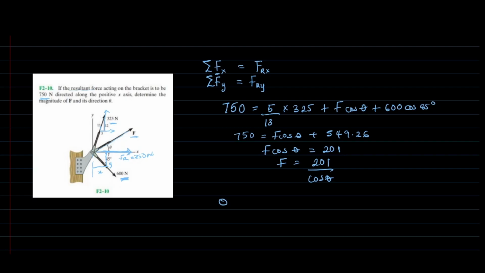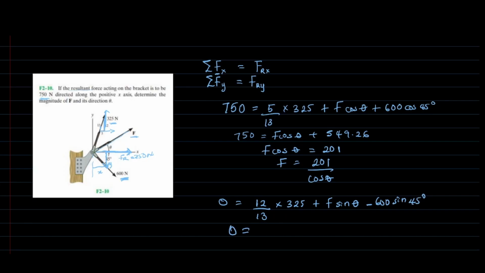So it's going to be 0 equals the summation of the y component of the component forces. 325 is going to be in the ratio 12, as you can see here, over 13 times 325, plus F sine theta plus, actually in this case it's going to be negative, because the y is going in the negative y direction, so we're going to have negative 600 sine 45 degrees.